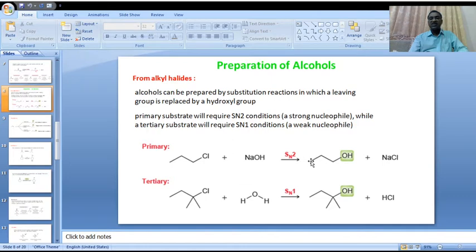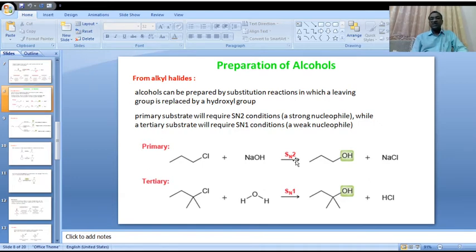This is the alkyl chain, attached with the alcohol. Finally, we are getting monohydric alcohols. This reaction proceeds in a single step based on this strong nucleophile, so it is called an SN2 reaction, SN2 mechanism.